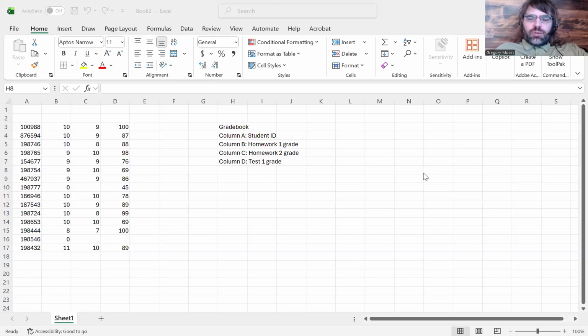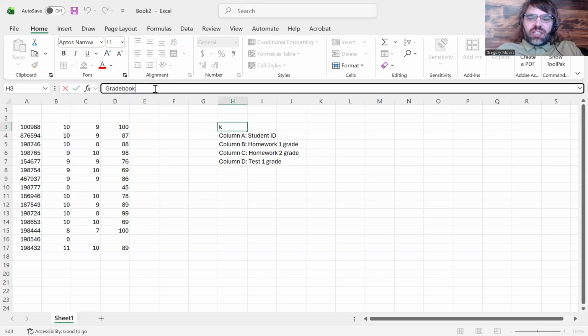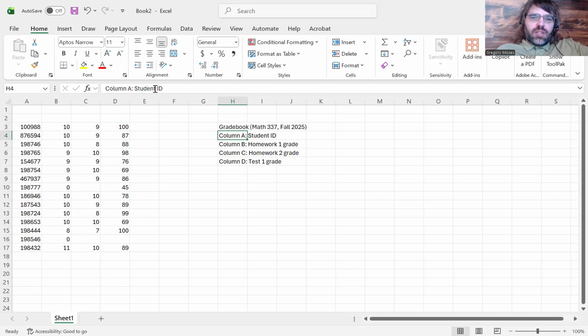Suppose we now add in some metadata. I'm telling you what this data represents. It's a grade book, obviously fictional, but it's grade book data for some class. And I'm now telling you what each column represents.